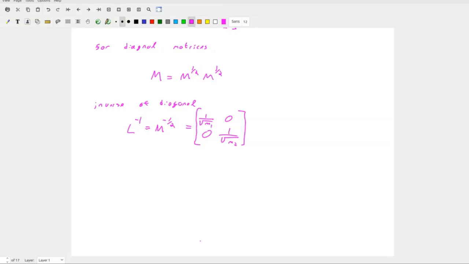So again, starting back at the equation of motion, and for simplicity, we have dropped damping from all of this, right? So we have M x vector double dot plus K x vector is equal to 0.